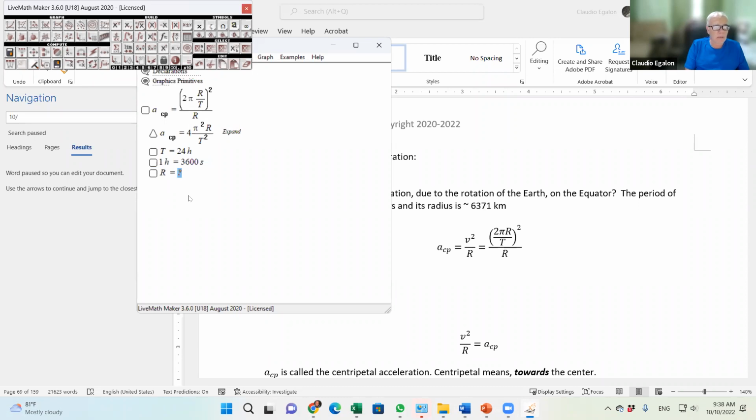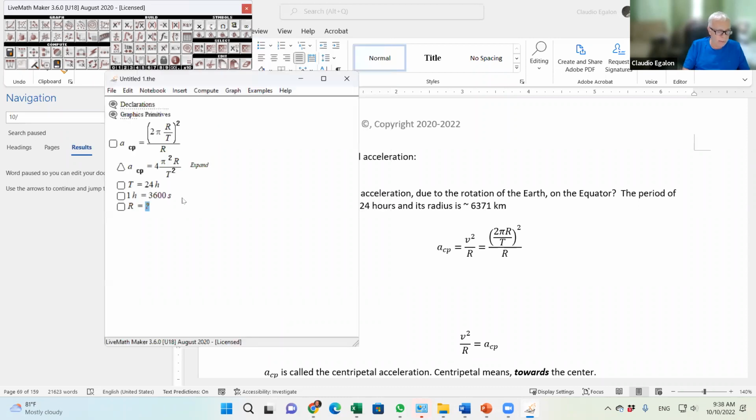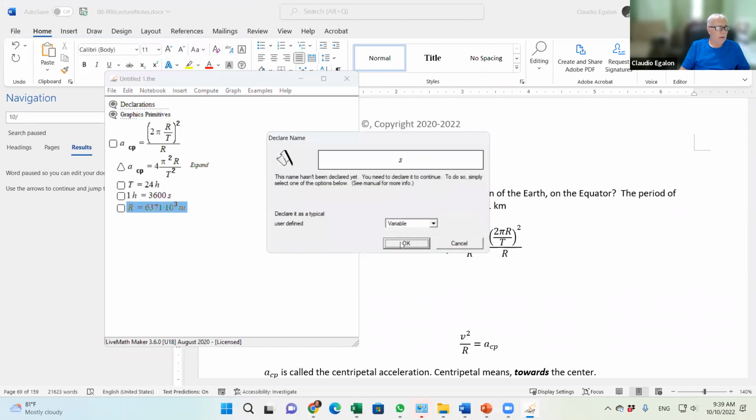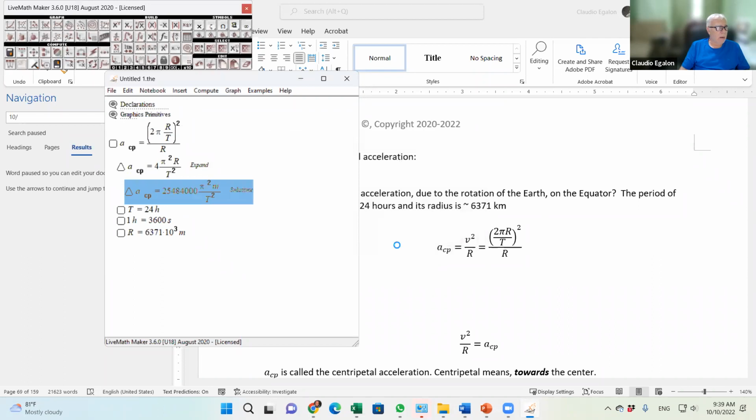The radius of the Earth is 6,371 kilometers, which is 1,000 meters each. With all these values, we can start calculating the numerical value of the centripetal acceleration at the equator of the Earth. I am substituting r in there.